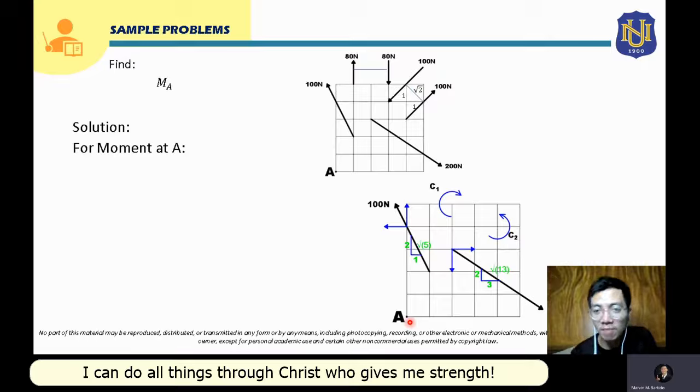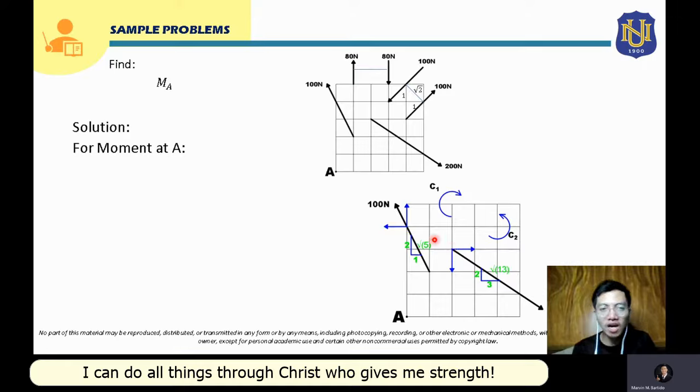It will have no moment effect about point A. So only this horizontal component will have a moment effect about point A. And for this 200 Newton force, even if we put our components here or here, both of the components will have a moment about point A. So we will put our components here.